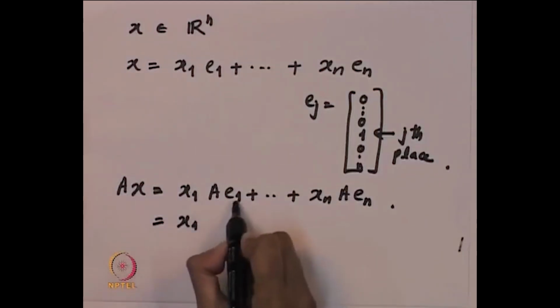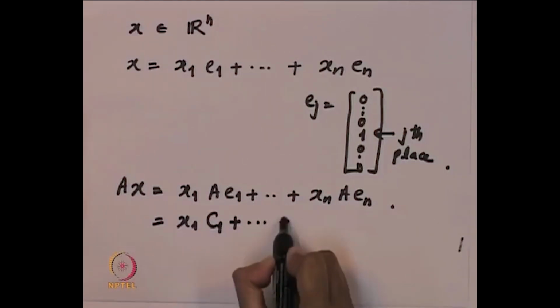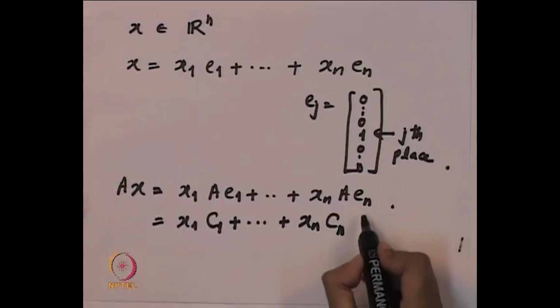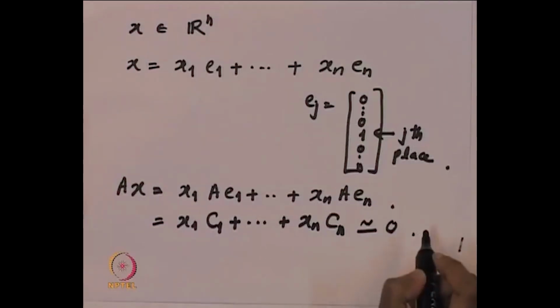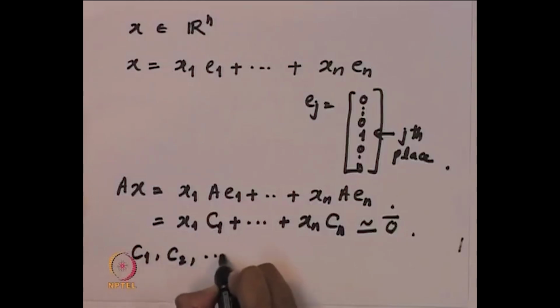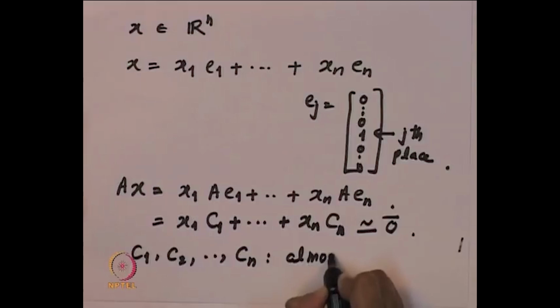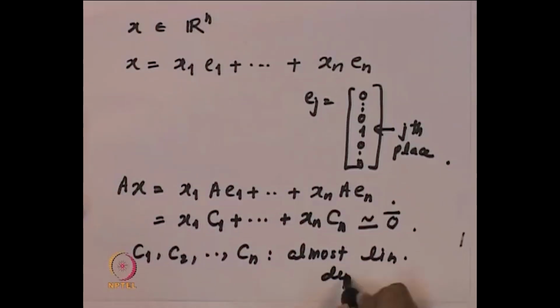Now, what is A E 1? It is going to be C 1, the first column, plus up to x n A E n, that is the nth column, which is C n. So, this is about 0 vector, and that means C 1, C 2, up to C n, these are almost linearly dependent.